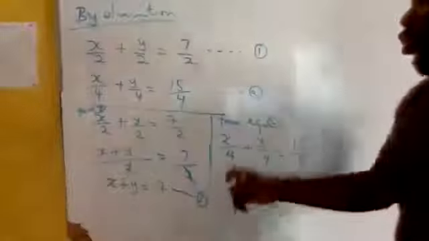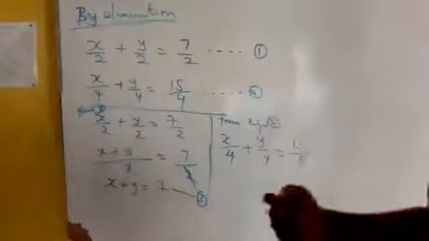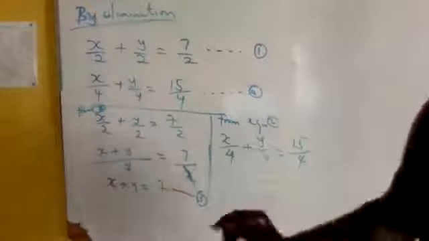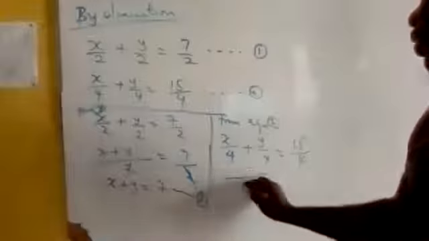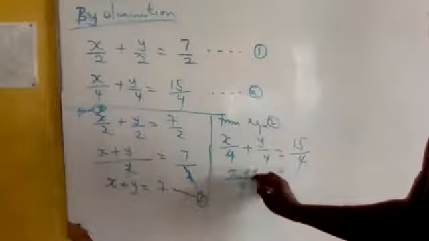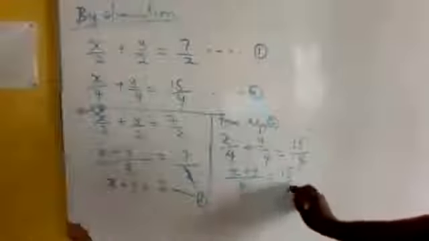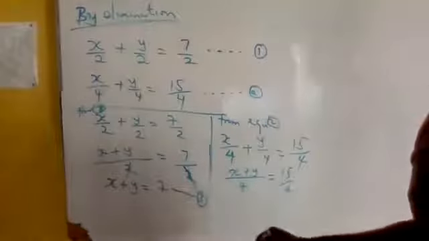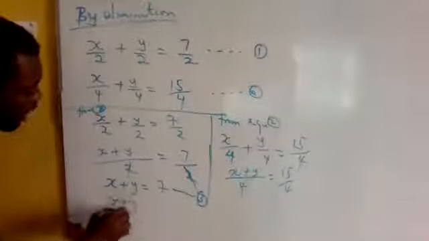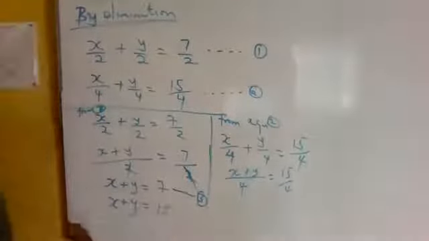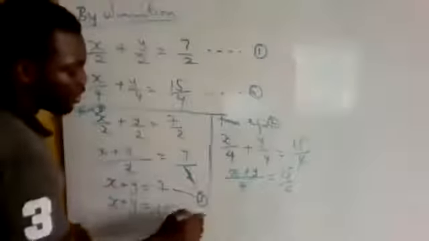Obviously, I don't need to tell you what the answer will be. By now, if you solve it, you should know that that will become 4x plus y is equals to 15 over 4. By the time you cross multiply, do all of this, you are still going to get x plus y is equals to 15. So this will be our equation 4.